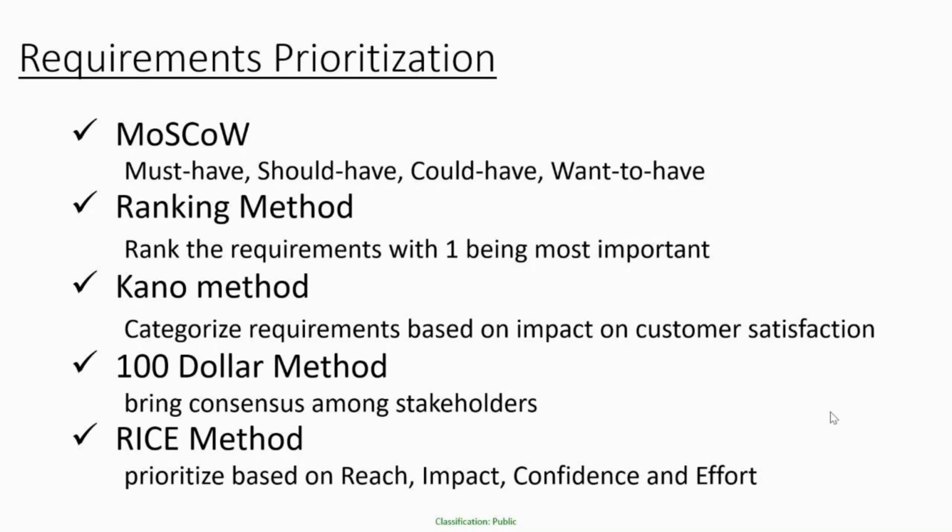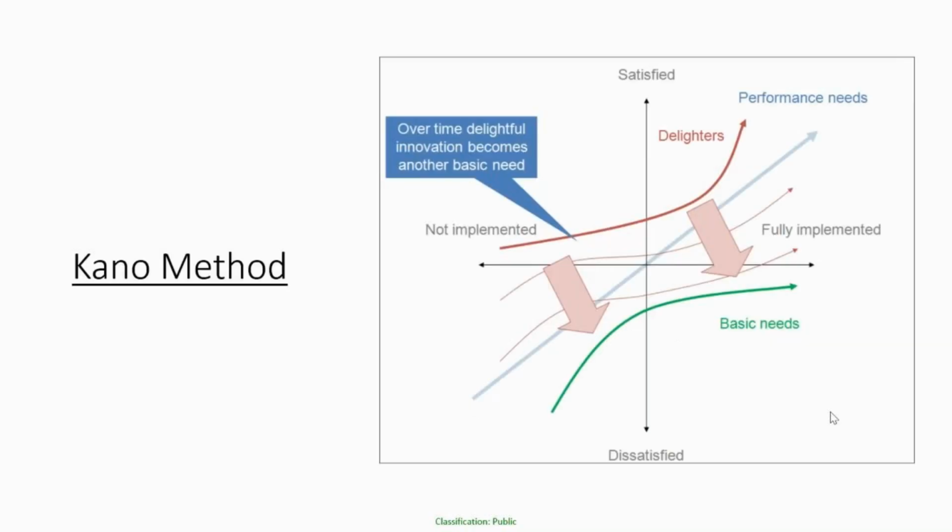The set of requirements in front of you has to be put into multiple buckets. The three major ones are the basic needs, the performance needs, and the excitement needs.